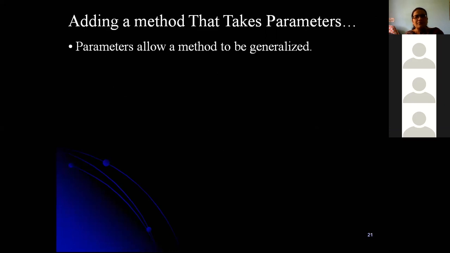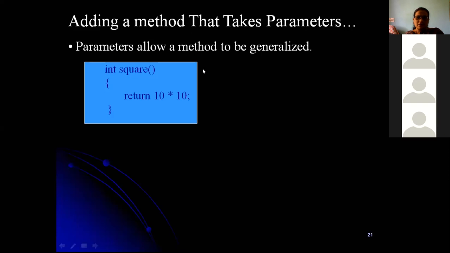Next is adding a method with parameters. So volume is not having any parameter, but it is having a return type and a version without a return type. But now we will discuss a function with a parameter. So here in square, we are directly calculating 10 into 10.